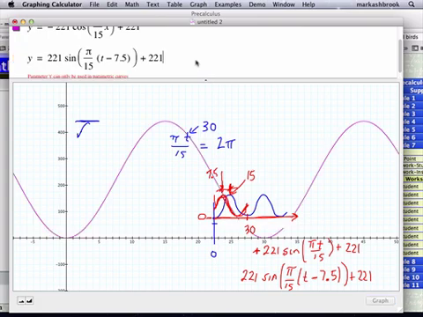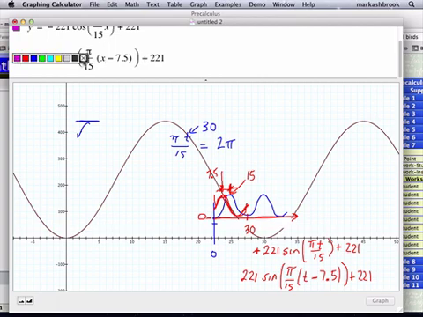Should be the exact same graph. Okay, it's the same. Same graph. We got it.